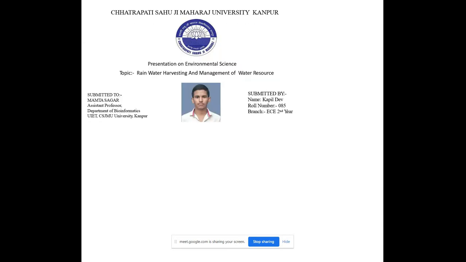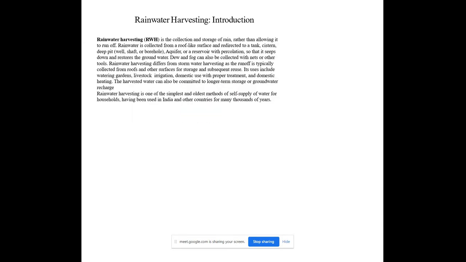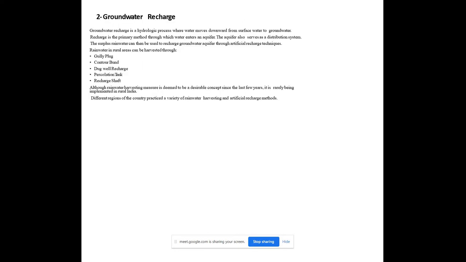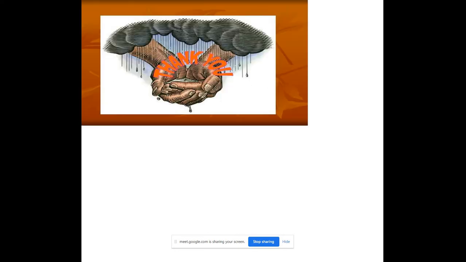Okay, so how are you going to contribute in this area, Kapil? Ma'am, we are already using the rainwater harvesting percolation tank method in our village. In your village, the people are using it? Yes, ma'am. Are you also using the percolation tank method at your home?